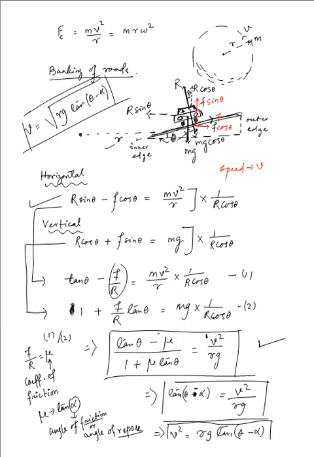As a result, because the vehicle is going at a very slow speed, the inclination of the road, the banking that is provided, allows the component of the weight, mg sin theta in this figure that you have over here, to act along this line.